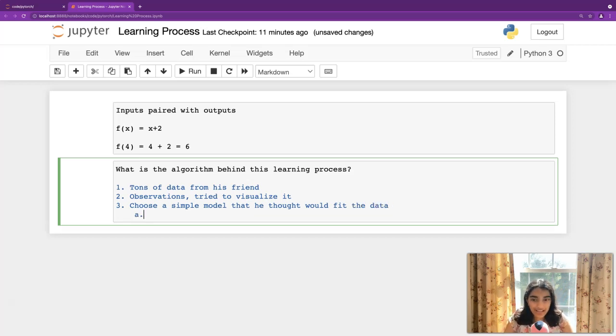So what does this mean? Let's clear up some terminology here. What do I mean by fit the data? Well, if you've ever heard of a best fit line, you have a scatter plot, with all these dots scattered across your coordinate plane.